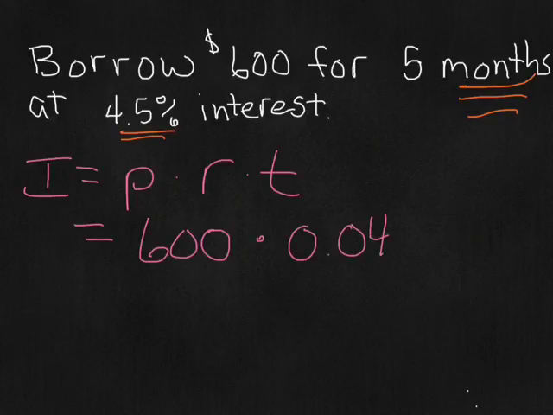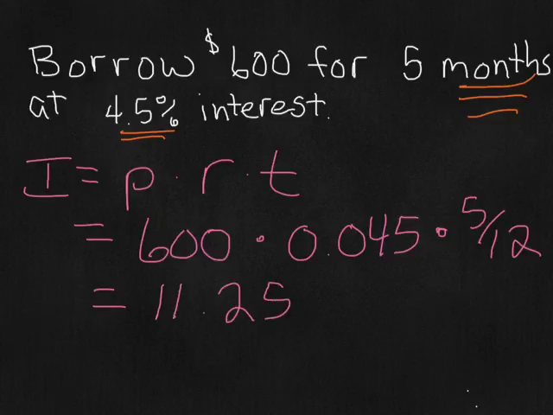So it's 45 thousandths. 5 months is 5/12 of a year. Do the math. 600 times 45 thousandths times 5/12 gets you $11.25 in interest that you would have to pay back.